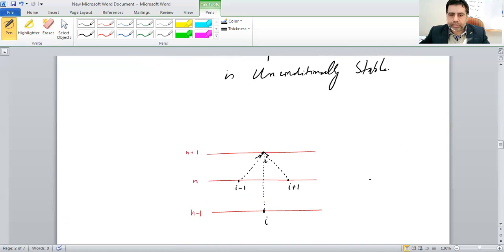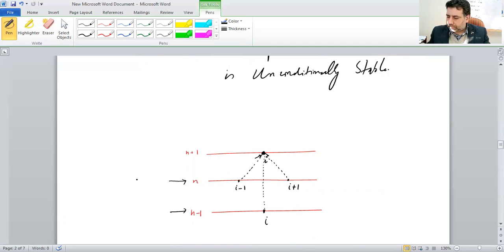When you feed this information, you will get the solution at this node. Similarly, you can move forward and compute again. So this scheme is unconditionally stable, with no requirement on a combination of delta t and delta x. But you have to have information available at two previous time levels.